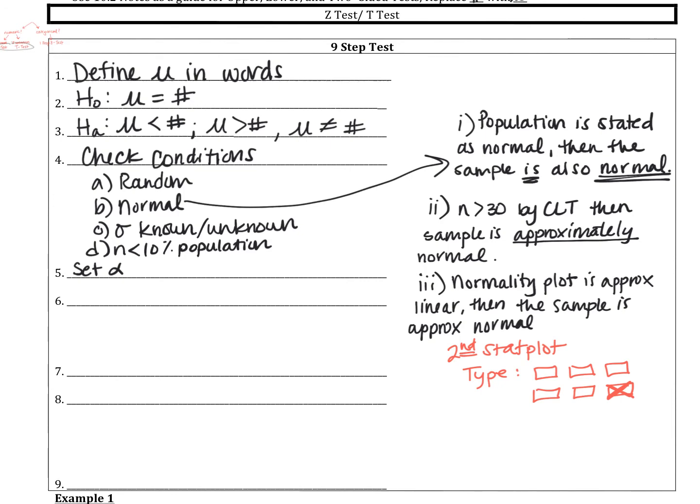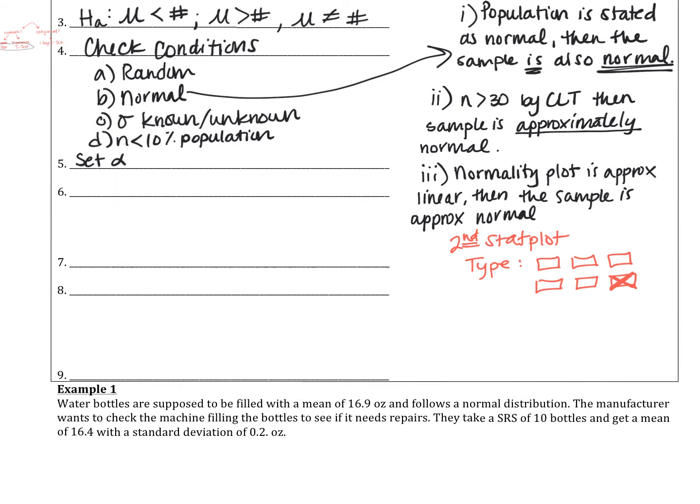Okay. Step 6. We need to state the test and write the formula.